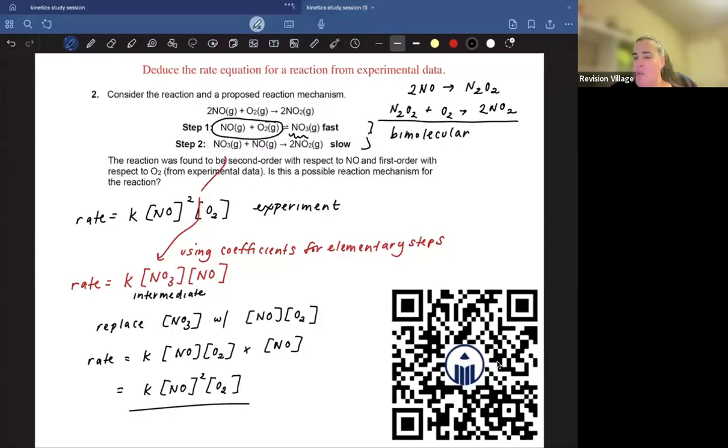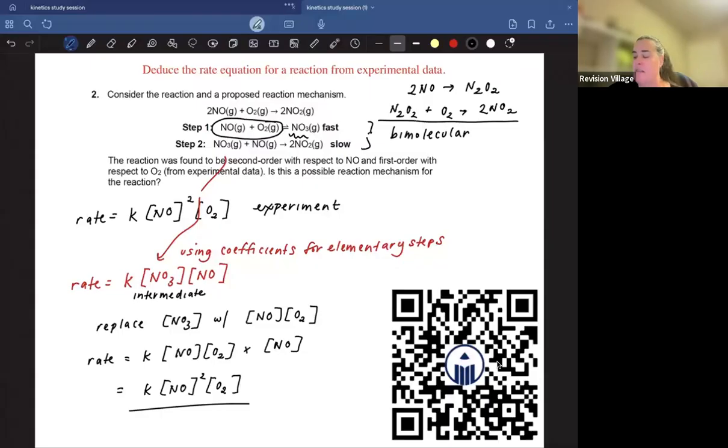So I was asked, are slow steps ever equilibriums? For us, no. For us, the slow step is, I'm going to say, don't worry about it. You just don't need to worry about it. So it could be that the slow step is an equilibrium, but it's going to lie very much to one side or another.